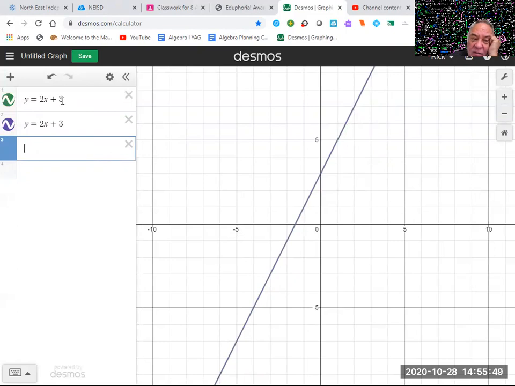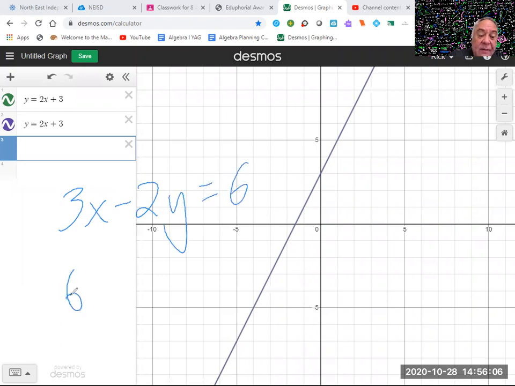Sometimes you might see it in different forms. You might see 3x minus 2y is equal to 6, and then 6x minus 4y is equal to 12.